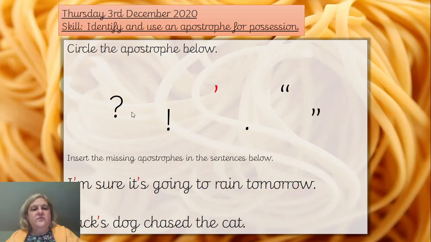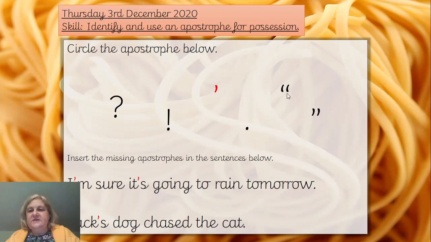And have a little think about these other symbols up here. What are these? We should know all of these now. We've covered these in class, which is really good. Now we've got a question mark, exclamation mark, full stop, and we have inverted commas to show speech.